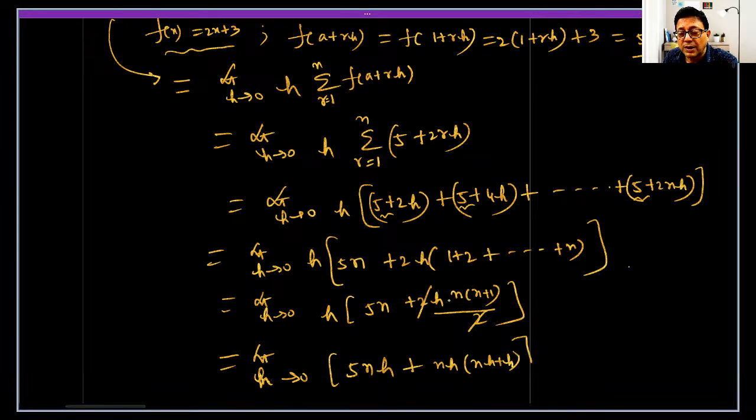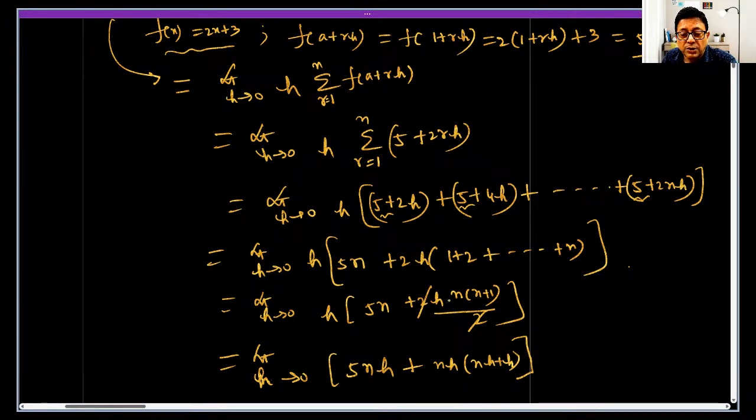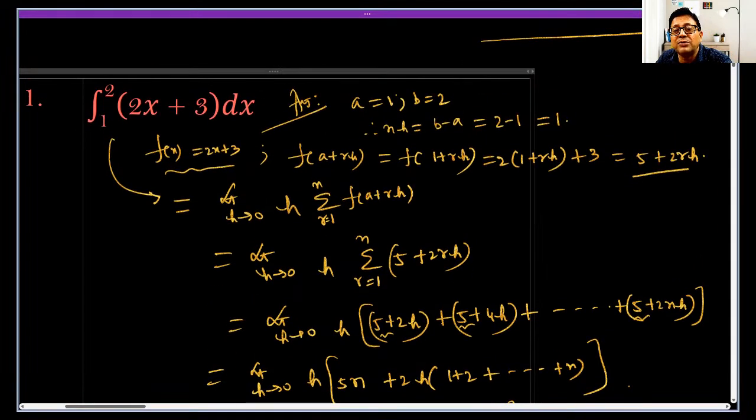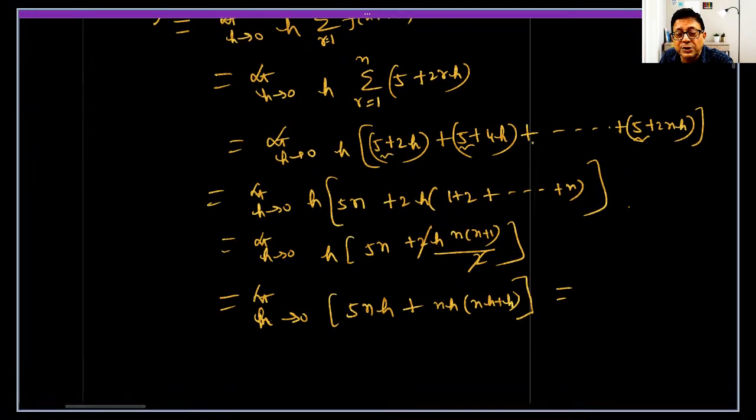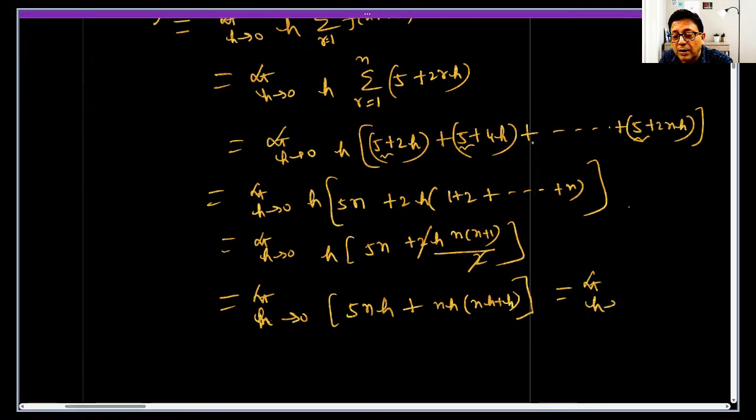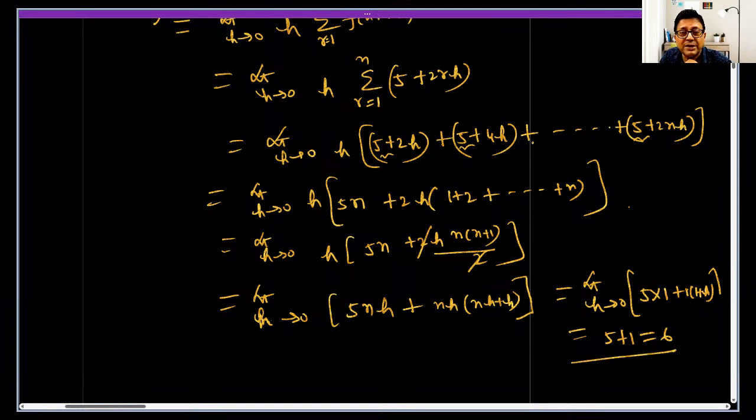Clear? So nh is how much? We have written there, nh is 1. You put it there, 5 into 1. Now put h equal to 0. So 5 plus 1, this is equal to 6. Clear? So the value of the integral is equal to 6 by using the summation formula.